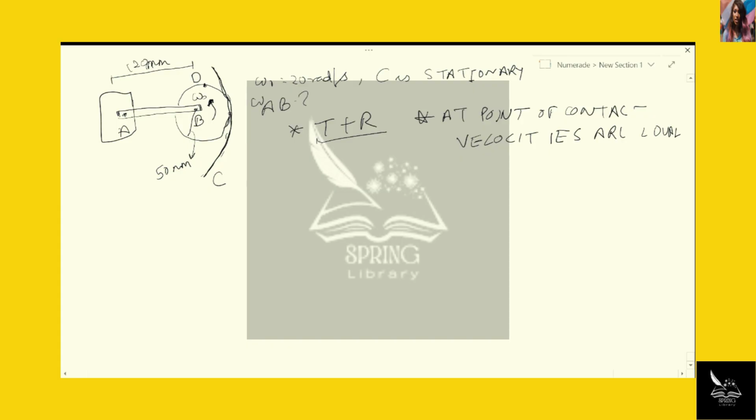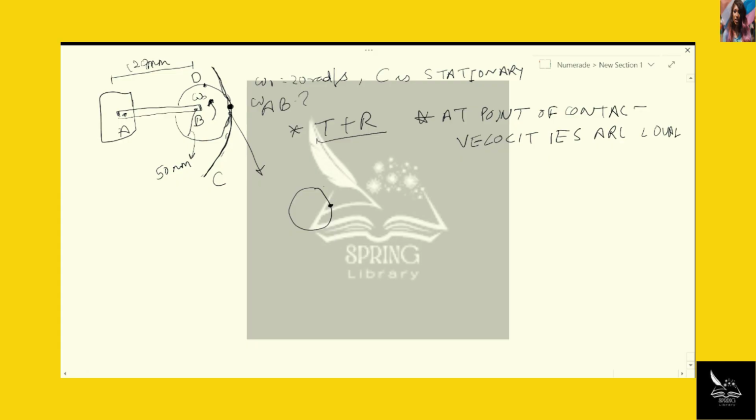Okay, so let us look at this point where the gear is contacting point C. So if we draw the diagram here, the velocity of this point, we have to break it into translation and rotational velocity.